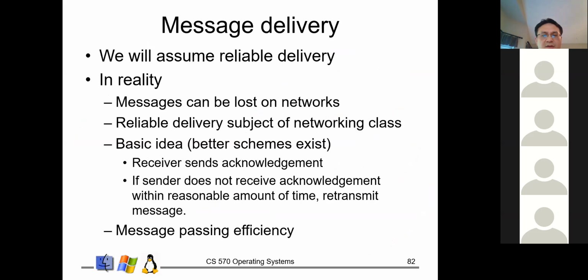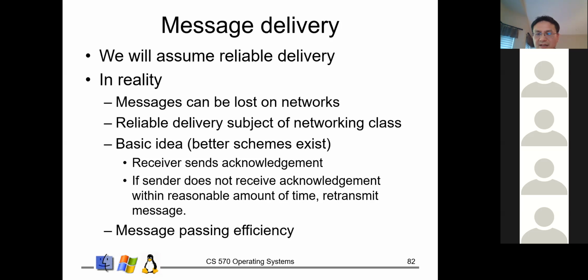Let's first look into the delivery. How can we come up with schemes that guarantee reliable delivery? Obviously, reliable message delivery is an important subject in inter-process communication, especially if they're communicating over the network.